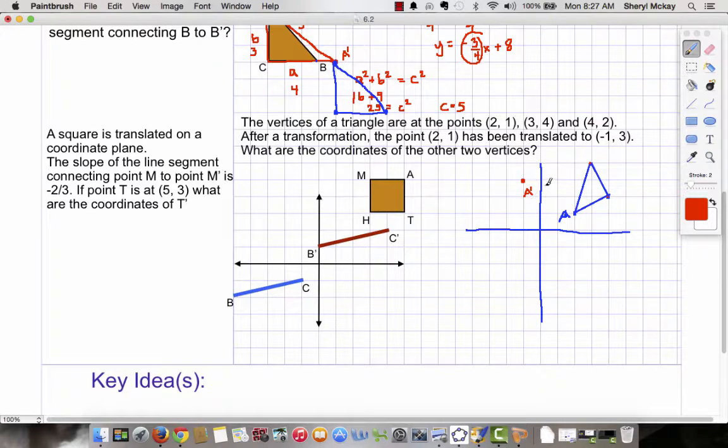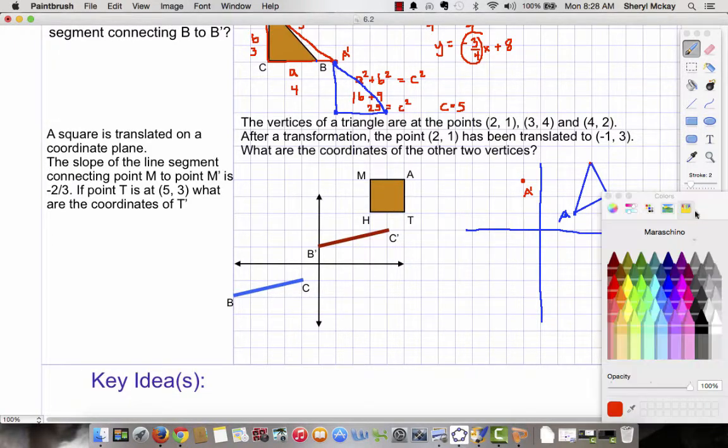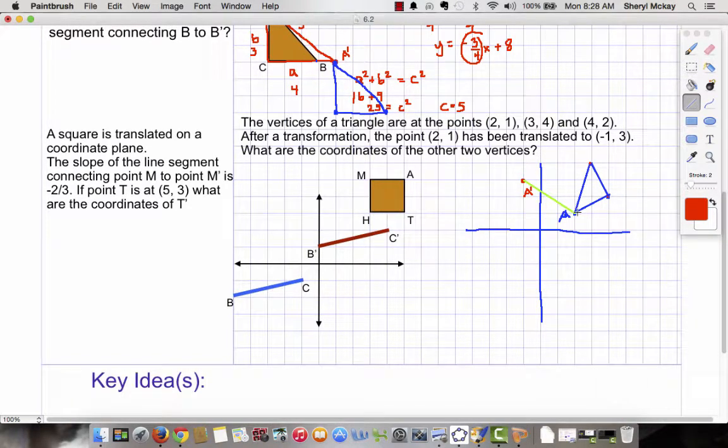Well, what did we do? What we can do is look at our translation, and we can use the slope. We can connect these two right here, using a totally different color, like maybe this bright green. How did we get from A to A prime?